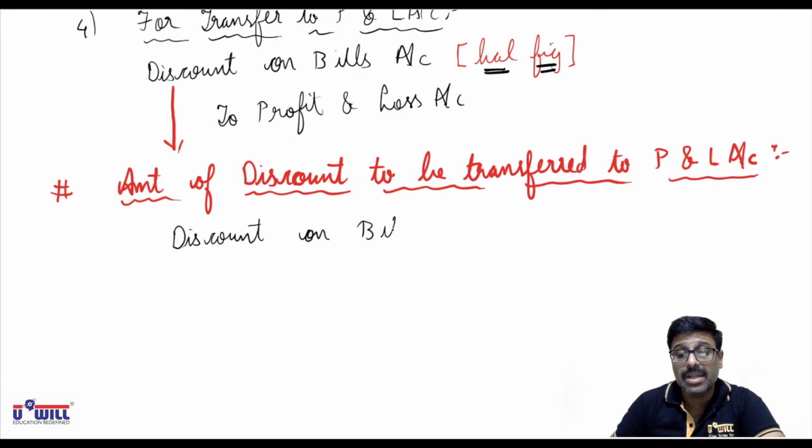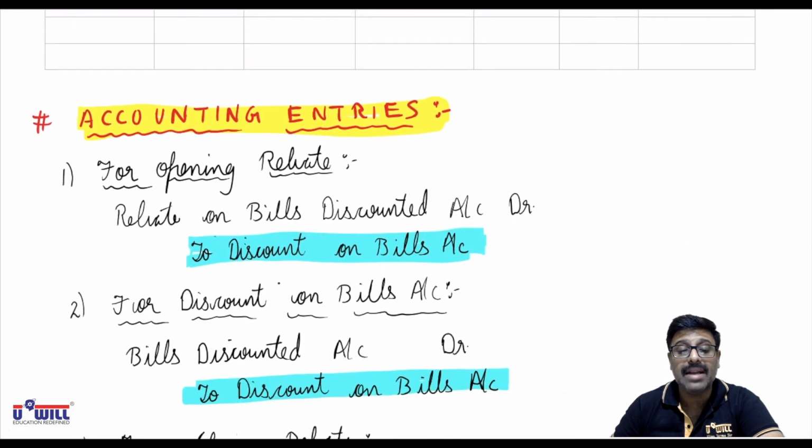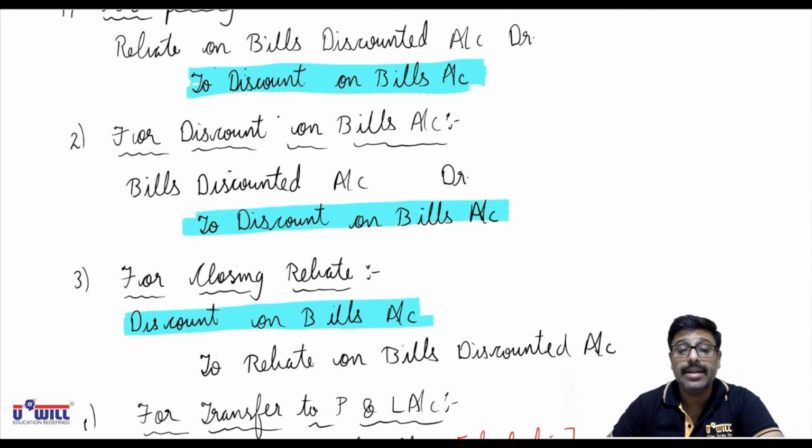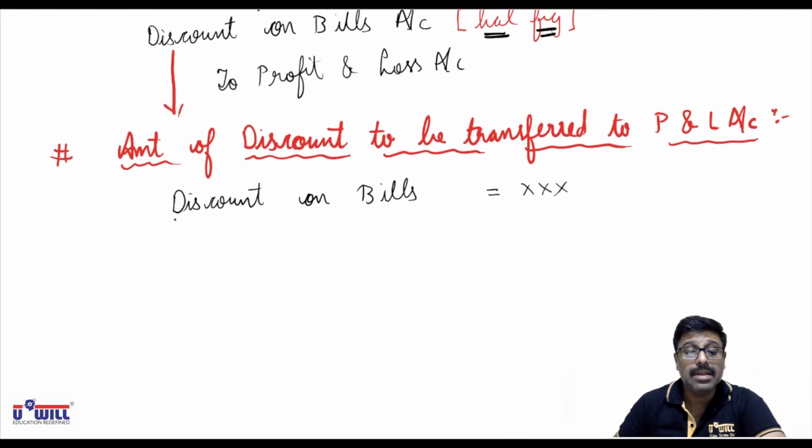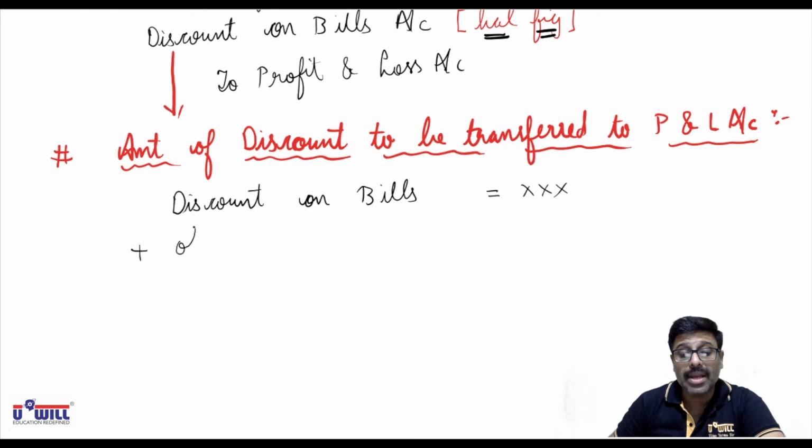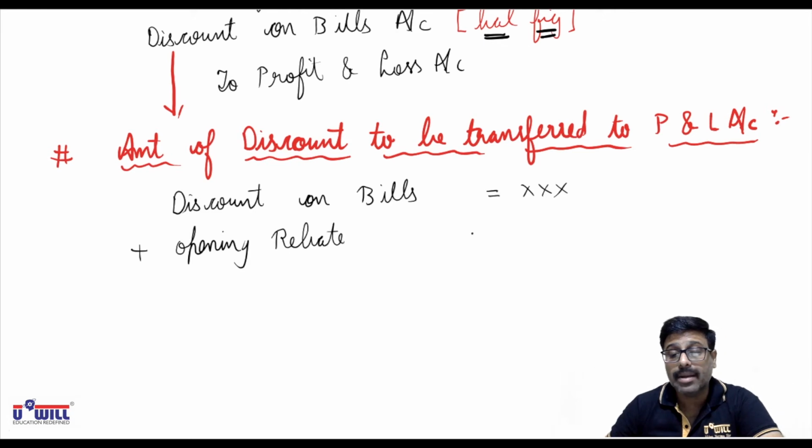Discount on bills: this is the amount you get from the second journal entry. It's a credit balance, discount on bills of the current year. In that you add the first journal entry's amount, which is again a credit balance, so plus opening rebate on bills discounted.